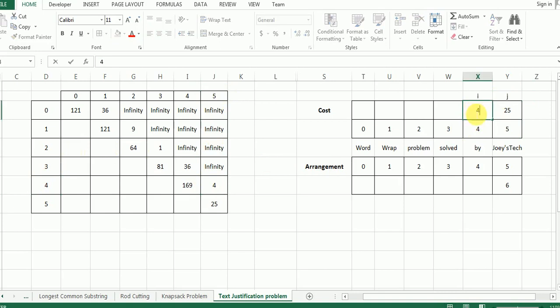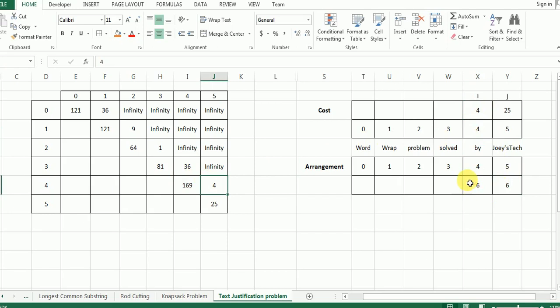And the value over here is going to be 6. That means now our subproblem has buy and joystick as the words. As you can see, the minimum cost is going to come as 4, which we have taken from here, and they can be placed in one line only, and that is why I have kept a 6 here.